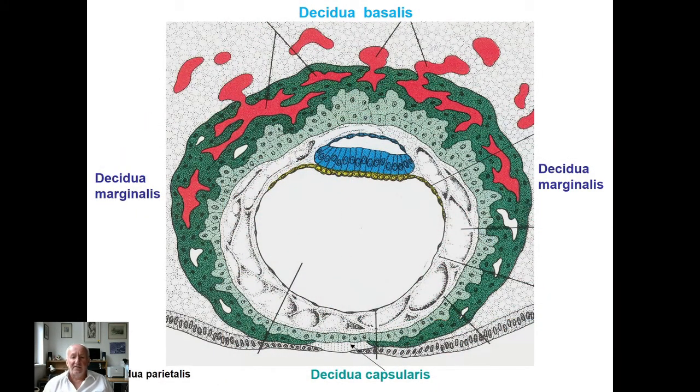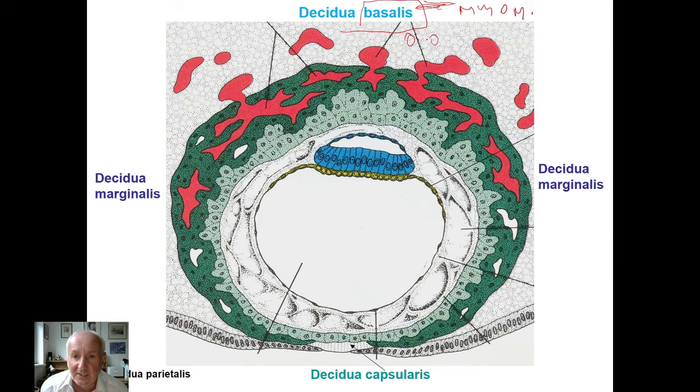And now we have 4 basic types of decidua, thanks to the localization of the blastocyst in the endometrium. Above here would be the myometrium, the muscle layer. Between the blastocyst and myometrium is decidua basalis.